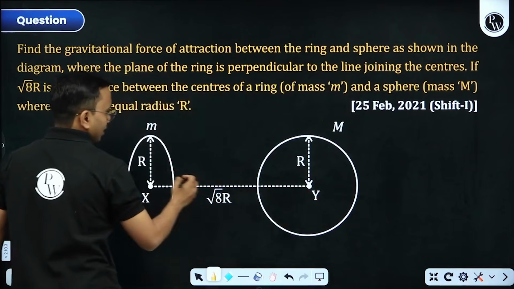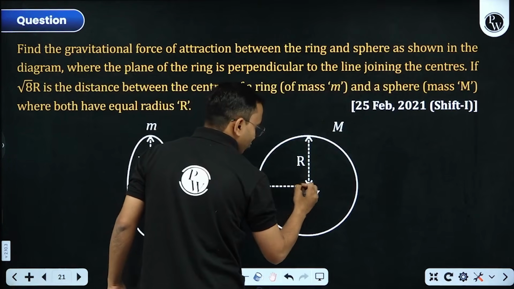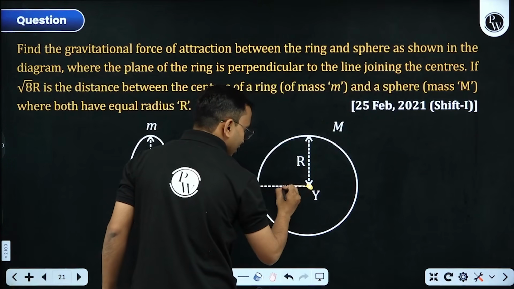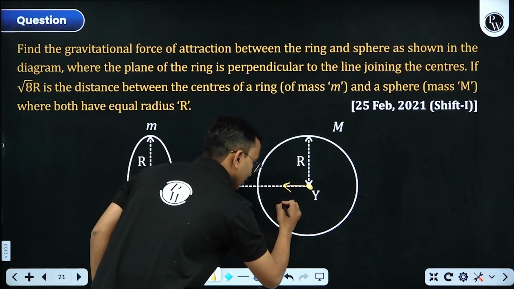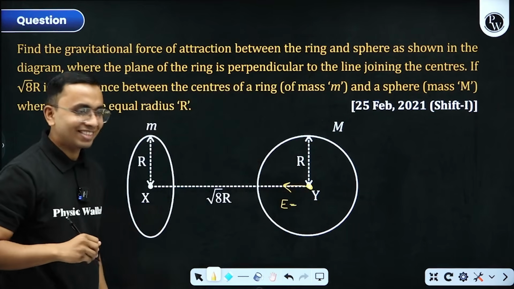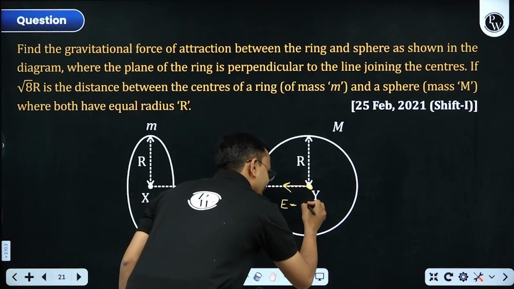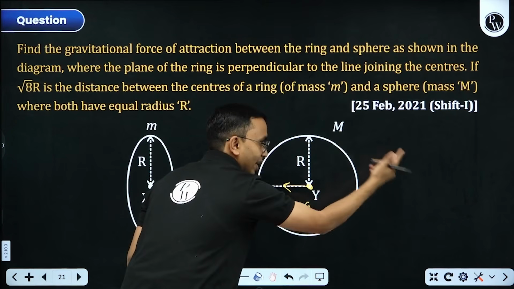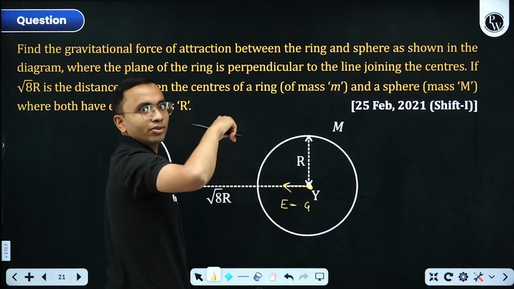So due to this ring, if I write the gravitational field at this point, what is that gravitational field? E, that will be K, not K, I was saying for electric field, that is G. That was K Q X divided by R square plus X square to the power 3 by 2.